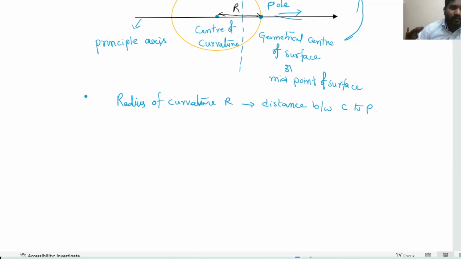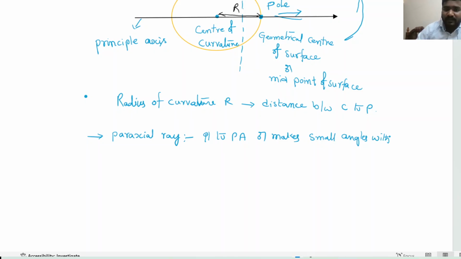And next, we'll go with one more point, paraxial rays. Paraxial rays are the rays which are either parallel to the principal axis or make small angles with the principal axis.